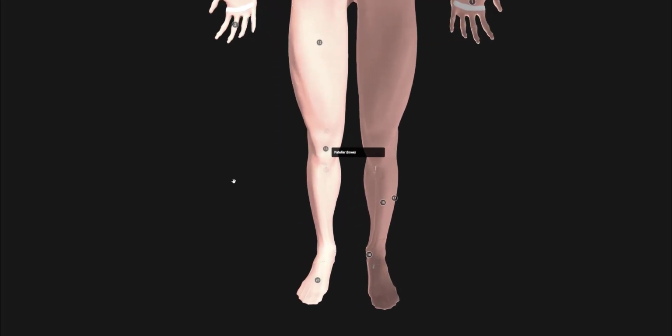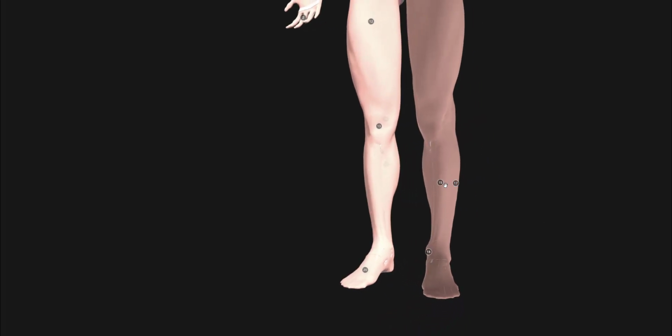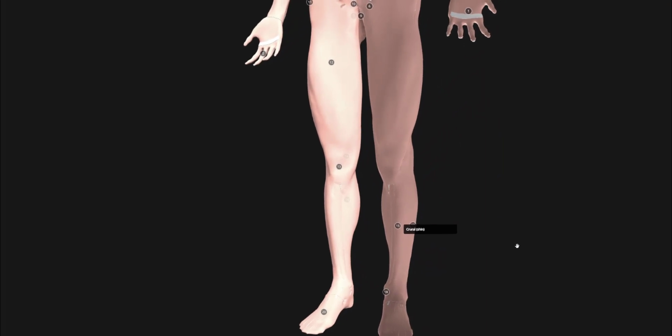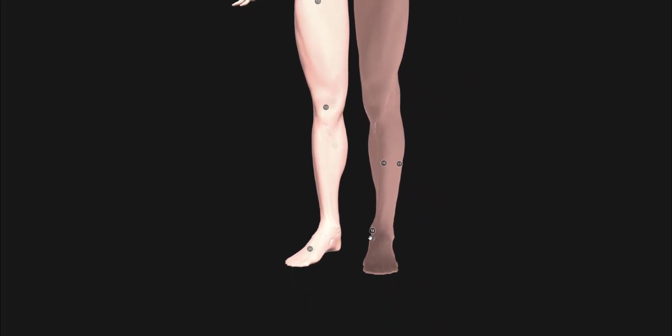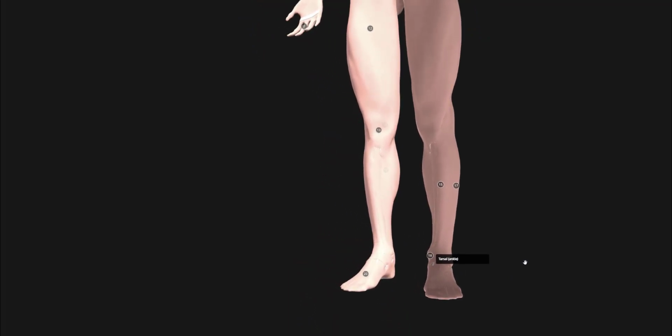The knee is the patellar area in the front of the knee. On the lower lateral aspect of the leg, we have the fibular or peroneal area. In the front, we have the crus or crural area. On the inside of the ankle, we have the tarsal area.